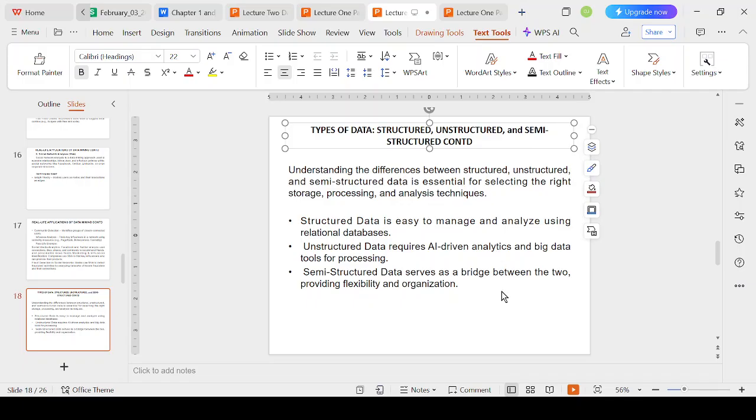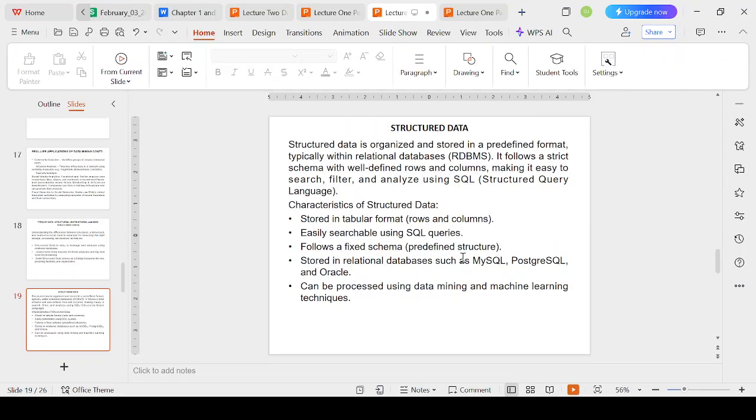The type of storage and processing techniques that you will use is dependent on the type of data. Structured data, as we all know, we have been using in our relational databases. Unstructured data requires AI-driven analytics and big data tools for processing. Semi-structured data serves as the bridge between the two data structures.